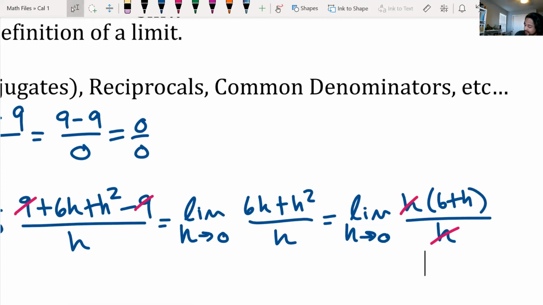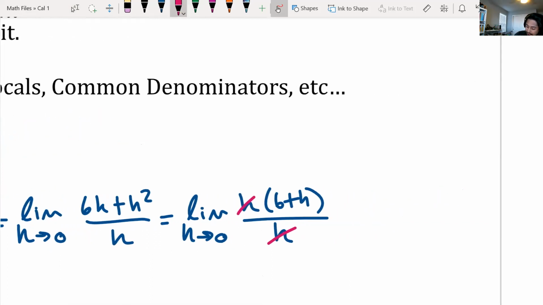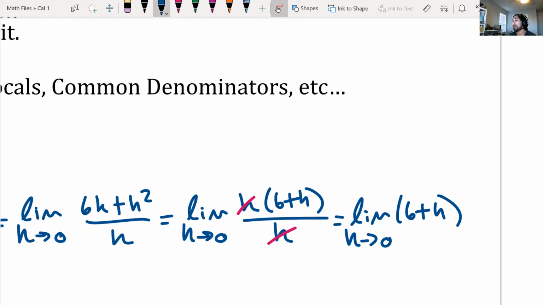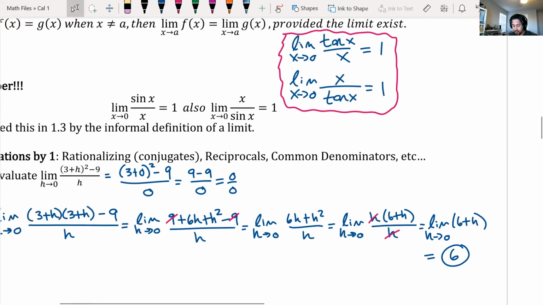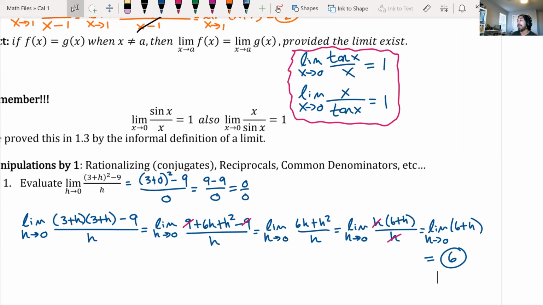And we are at our final step. We have the limit as h approaches 0 of 6 plus h. And what is my limit? 6. There you go. And that's how we do it.